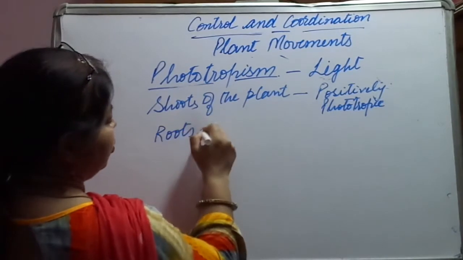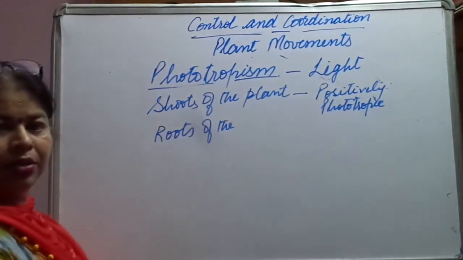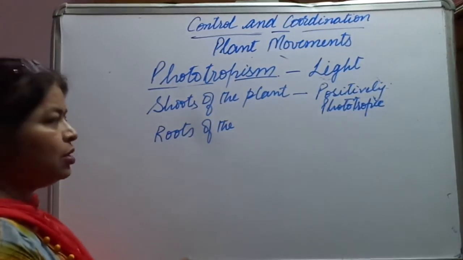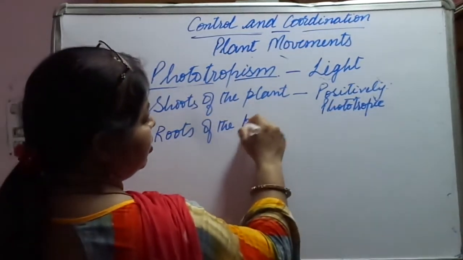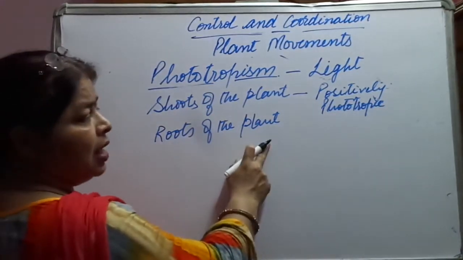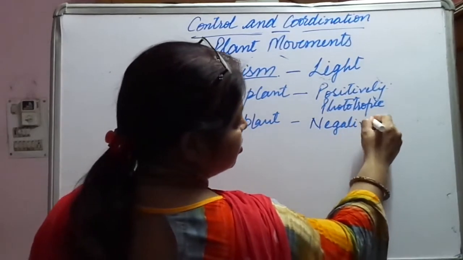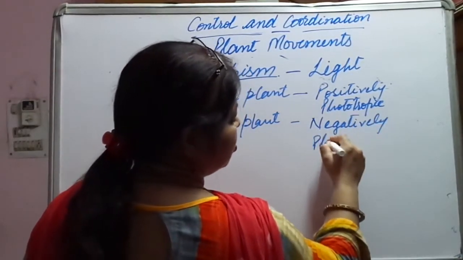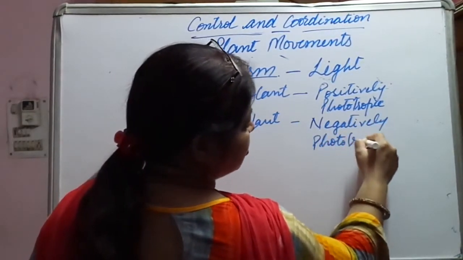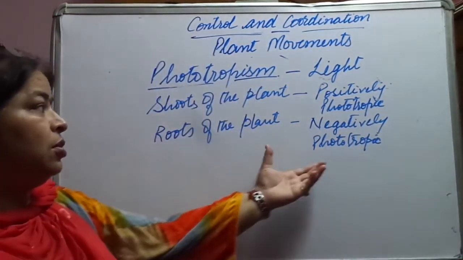Where are they growing? They are growing under the soil, in the darkness. So roots of the plant are negatively phototropic, meaning they are growing away from the light.